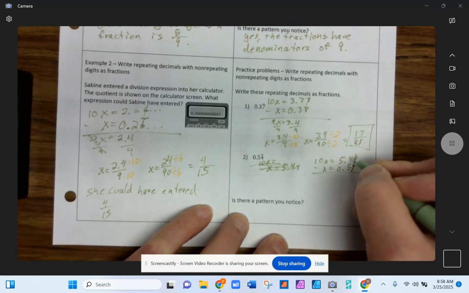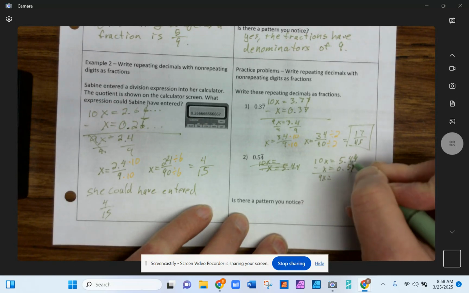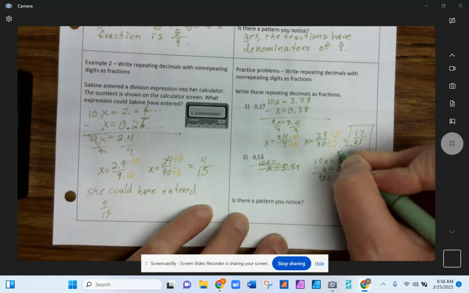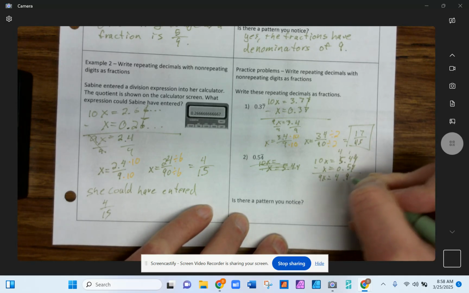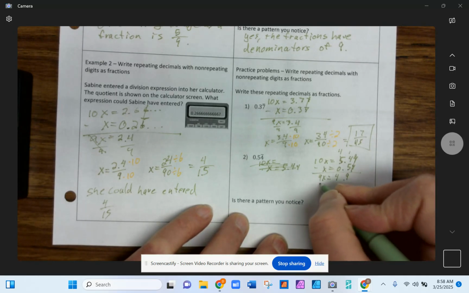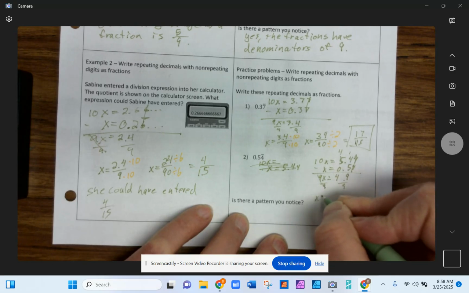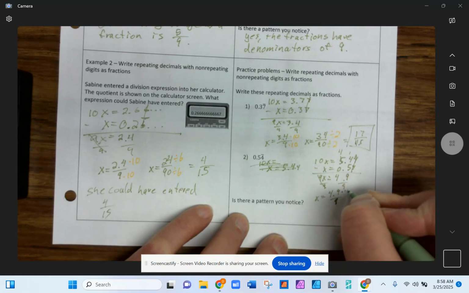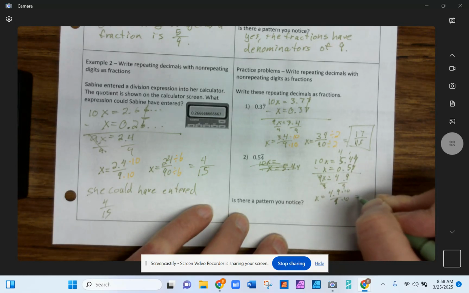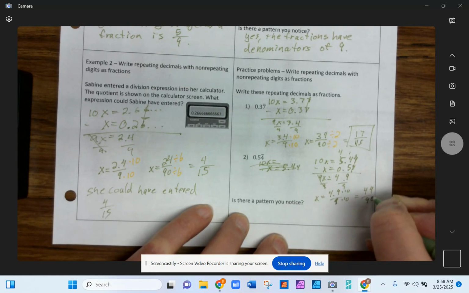So we subtract, cancel those out. This gets us 9x, and then we'll have to borrow here. So 14 minus 5 is 9, and then 4. So it's 9x equals 4.9. We divide by 9. x equals 4.9 ninths. Multiply by 10, and we get 49/90ths.